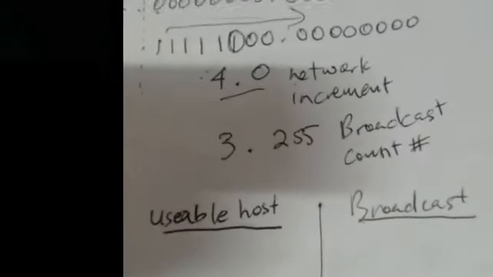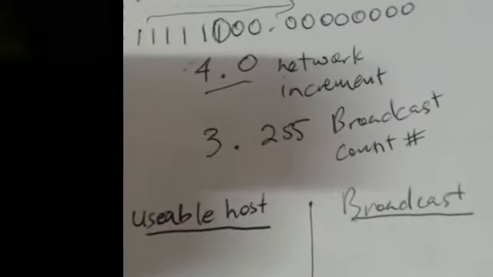We can go all the way until we get to the last network. We want to know what's the address for the 64th network, but we'll come to that. Let's just continue and find the broadcast, and then later what's in between becomes our usable host. Let me take you back to the broadcast count number.